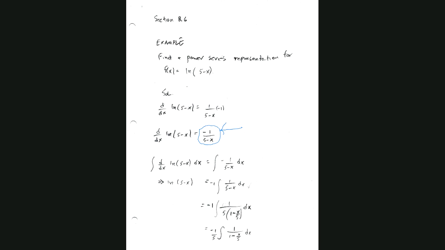All right. Well, this is nice, but remember what we're interested in is the log of 5 minus x. We want a power series for that function. Well, how can I get the log of 5 minus x back from the left-hand side? What operation can I do on the left-hand side so that I will get the log of 5 minus x?